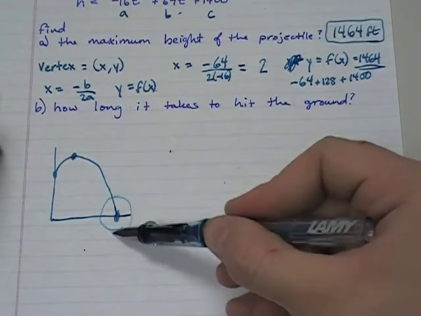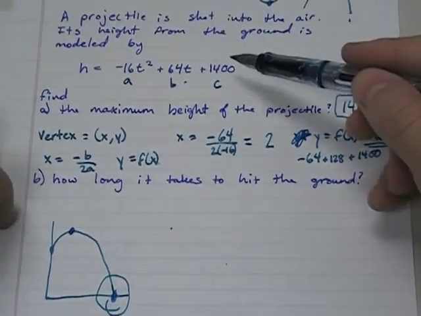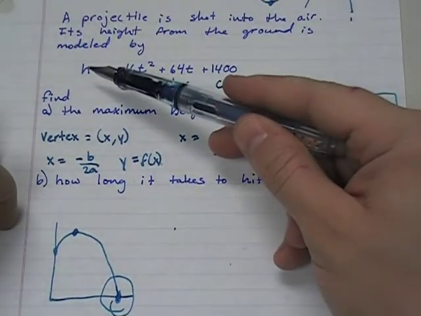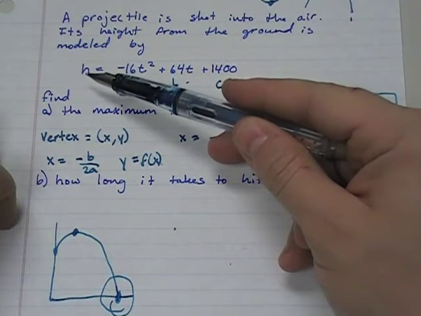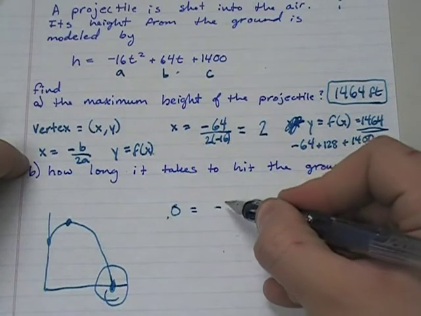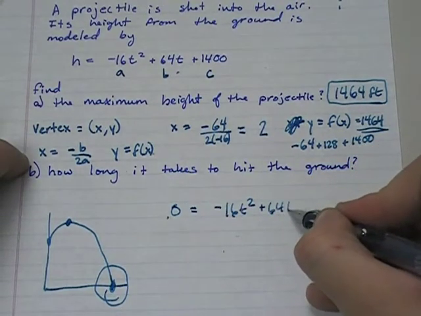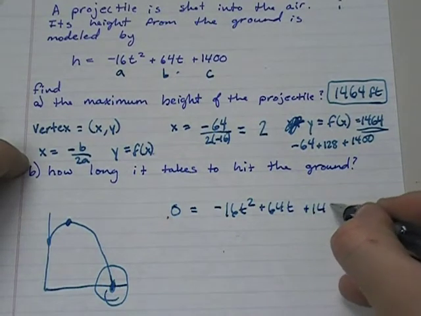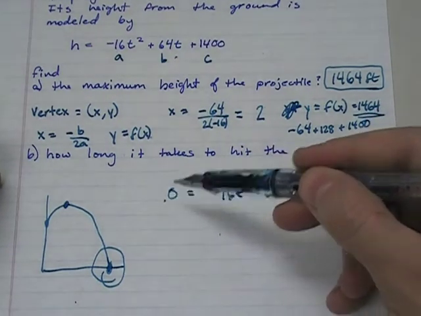And if I ask you, go back to the original equation, what is the height when this projectile hits the ground? The height would be 0. So we have this equation, 0 equals negative 16t squared plus 64t plus 1400. And we're basically asked to find when the height is 0.